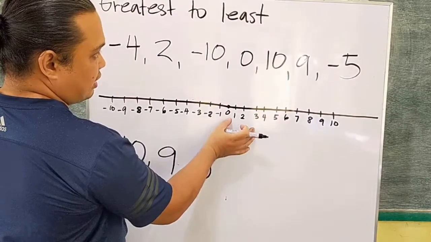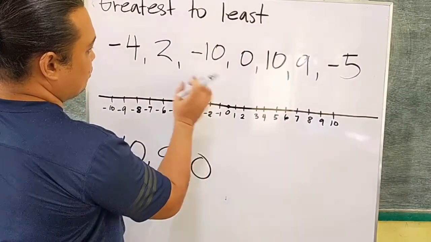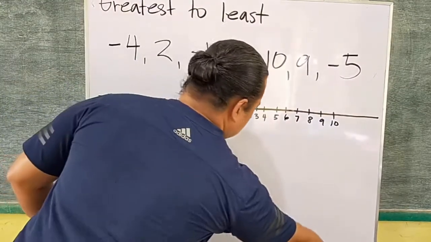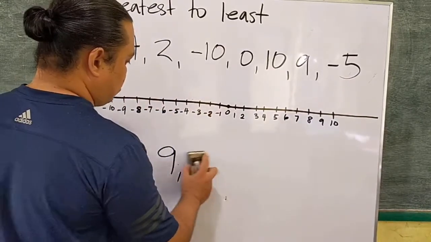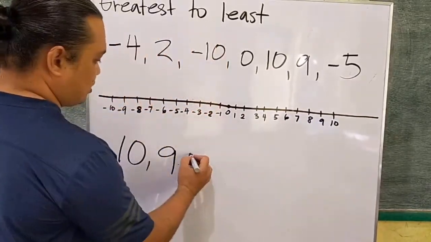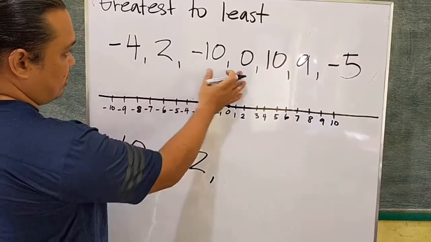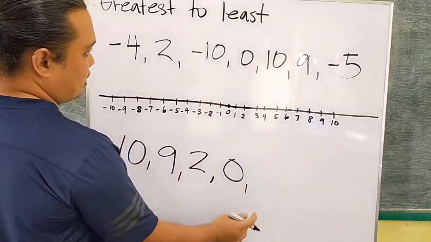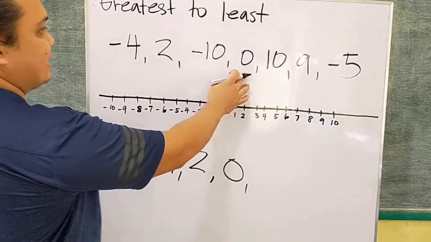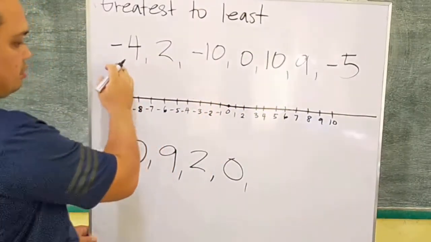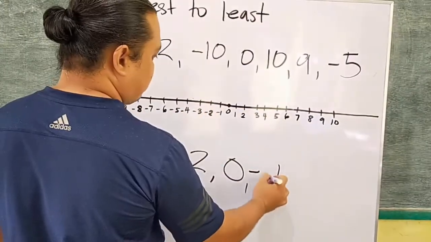Next, we still have positive 2 here, and 0. Next, from 0 we have negative 4. Why negative 4?